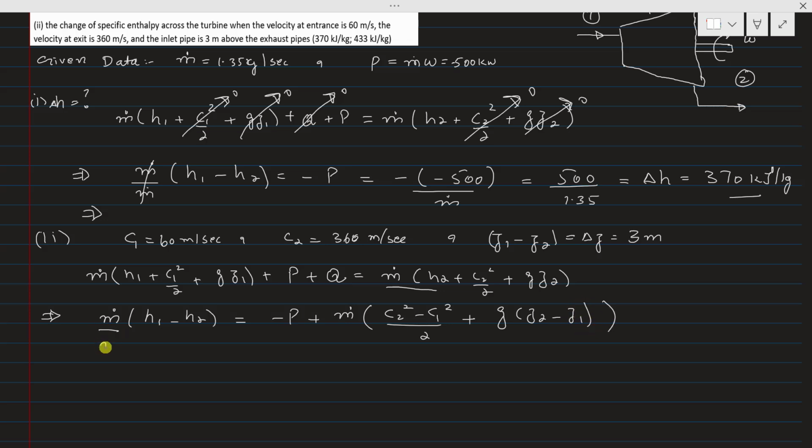Now divide by mass flow rate. This cancels out with this, and this cancels out with this.